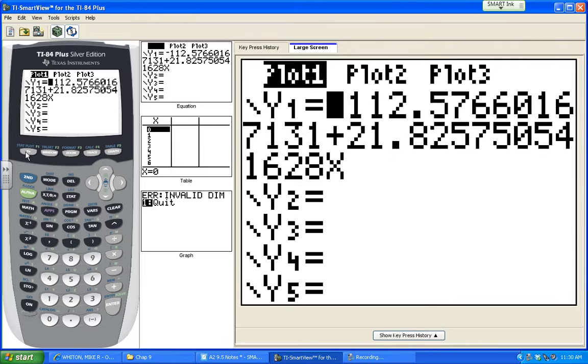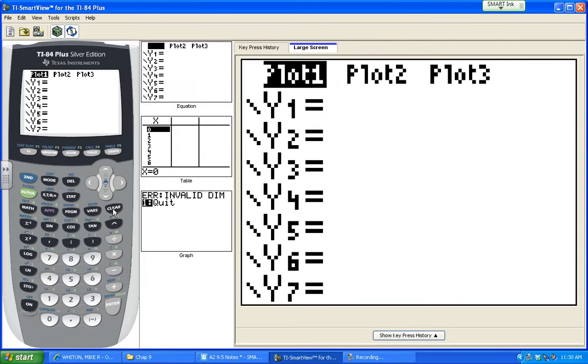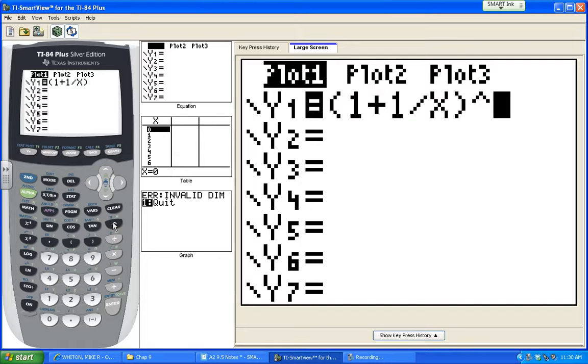I'm going to do it in the table as 1 plus 1 over x to the x power. Those x's are where the n's were. I just want to see what happens to the answer as I put bigger and bigger numbers in for x.